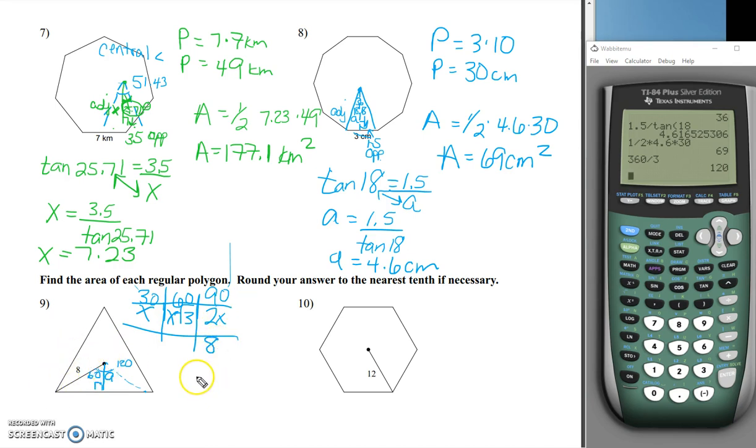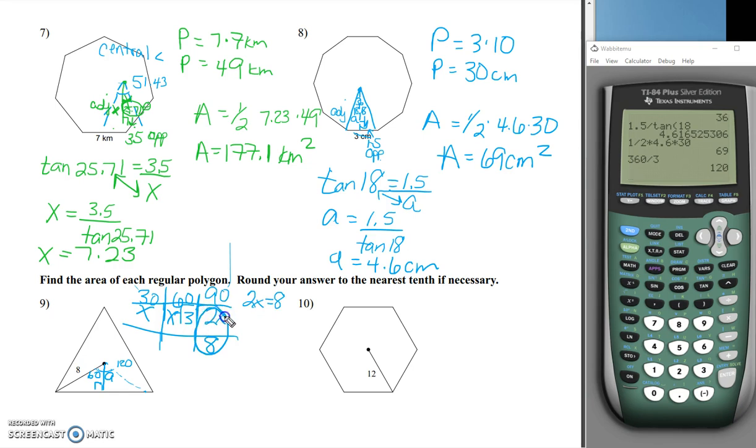So that goes here. That means I need to find both the 30-degree side and the 60-degree side. The 60-degree side is going to be part of my side length, and the 30-degree side is going to be my apothem. So if I don't know what that is, 2x is going to equal 8.